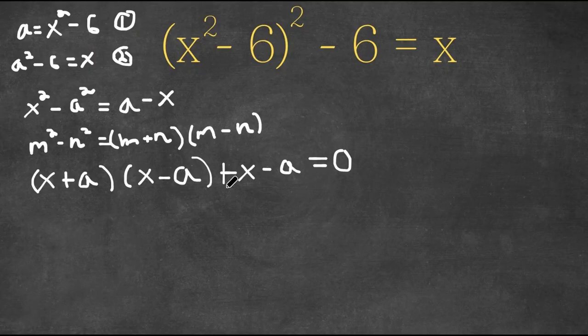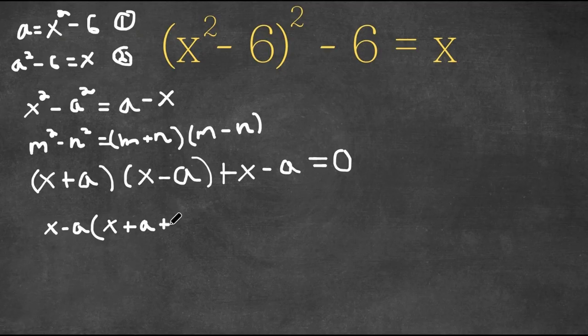So now I'm going to factor out x − a from this. (x + a) times (x − a) divided by (x − a) is simply just x + a. And (x − a) divided by (x − a) is 1.